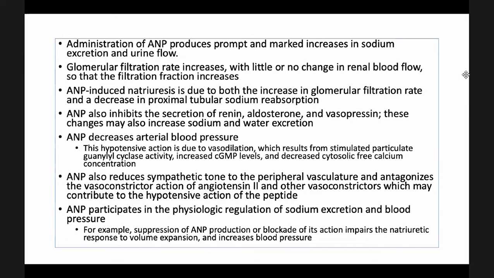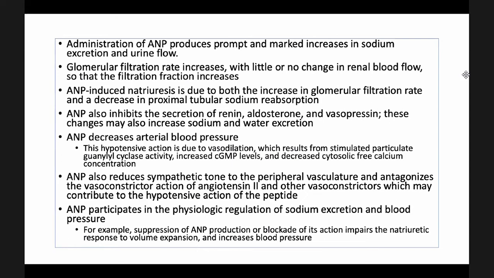So your ANP will also reduce the sympathetic tone to the peripheral vasculature and antagonizes the vasoconstrictor action of your angiotensin II and other vasoconstrictors, which may also contribute to the hypotensive action of the peptide. So it also participates in the physiologic regulation of sodium excretion and blood pressure.